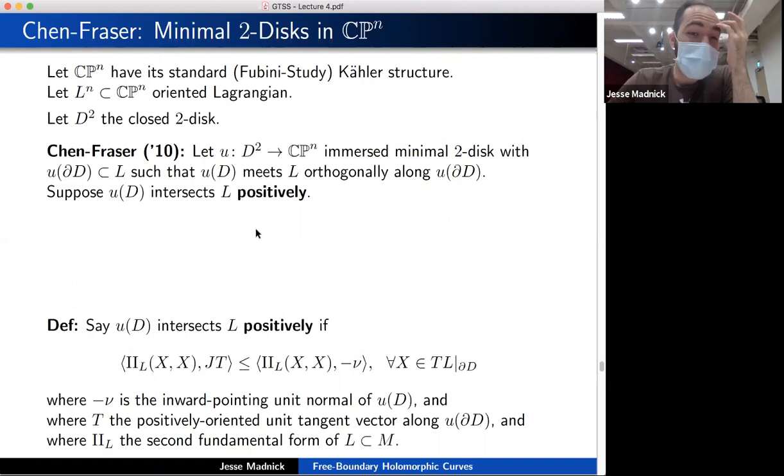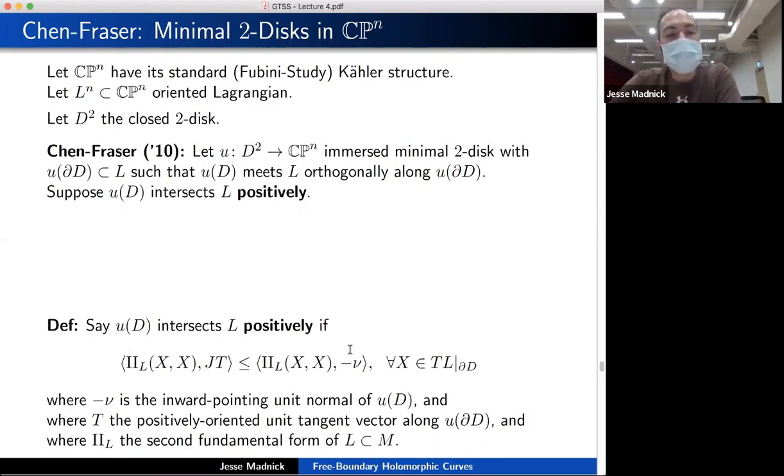This is saying that the second fundamental form of L in the direction of JT is less than the curving of L in the direction of negative nu, where negative nu is the inward unit conormal.